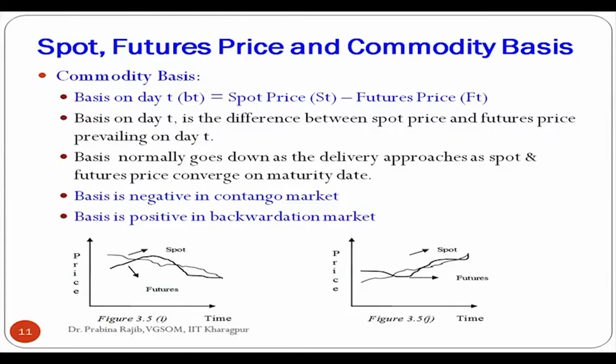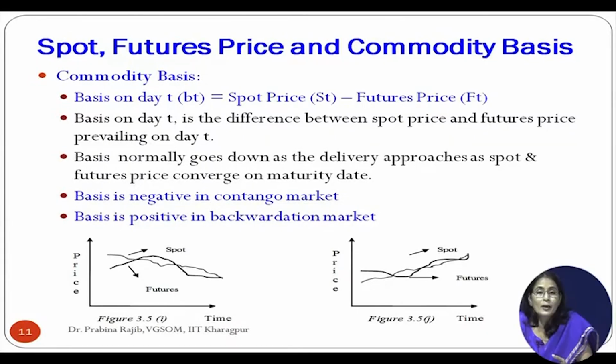As mentioned in this slide, you have a commodity basis on day T, which let's define as BT. So BT is the spot price minus the futures price prevailing on day T, and basis normally goes down as the delivery approaches and spot and futures price converge on the maturity date. If you recall, as we discussed in the last class, spot and futures price converge.